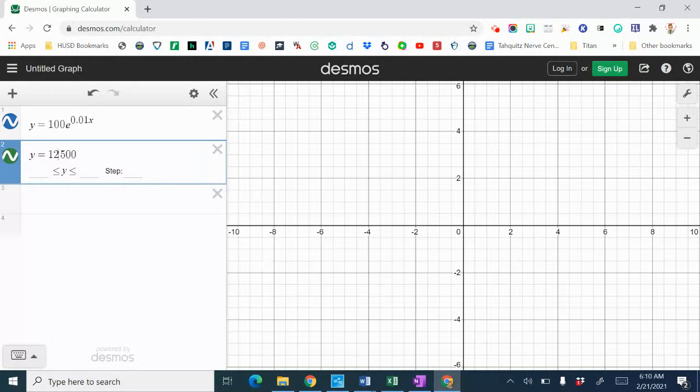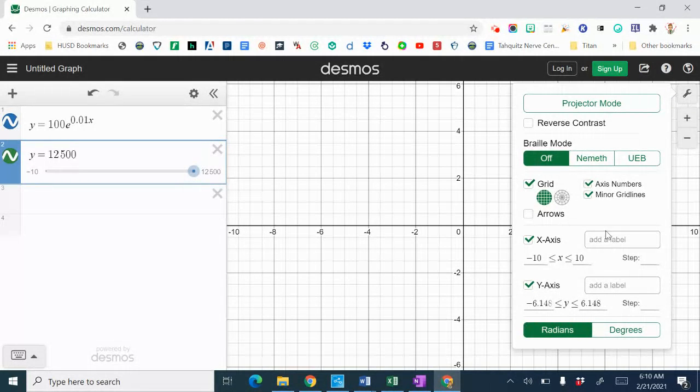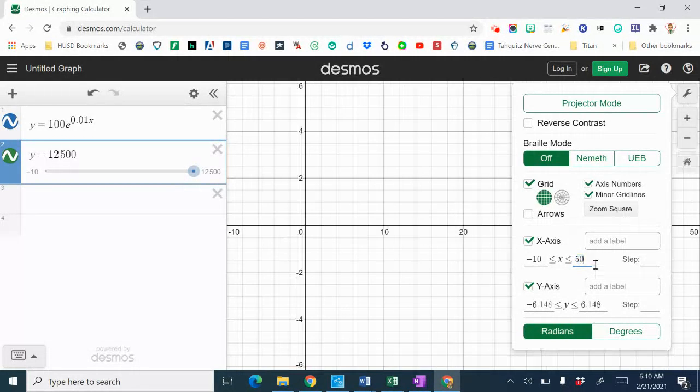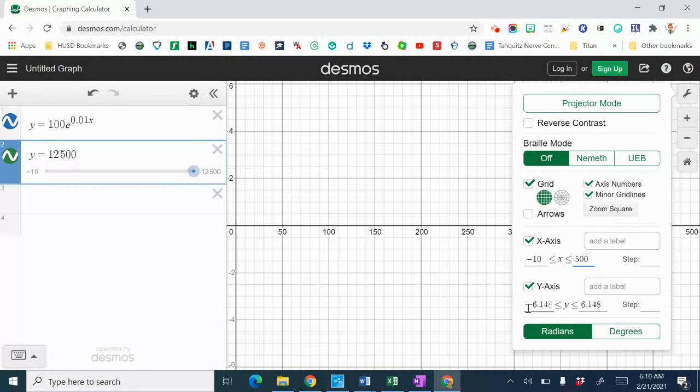So I don't see anything on my graph. I'm going to scale my graph. So I'm going to come over here to the graph settings, the little wrench, and I am going to adjust. I don't know that I'm going to need my x-axis more negative. I'm going to go more positive. So I'm going to make this like 500 just to see if I can find my graph here.